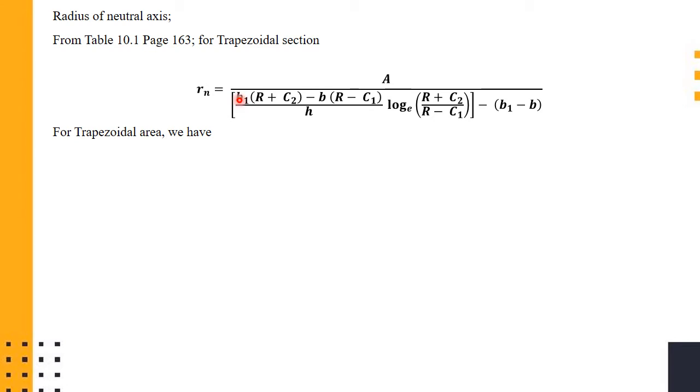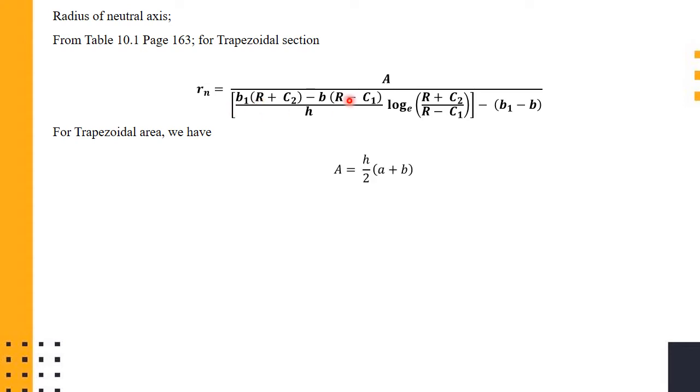C1 and C2 we have already calculated. C1 is the smaller distance and C2 is the larger distance, right? And one thing we don't know is R. I'll show you that in further calculation.